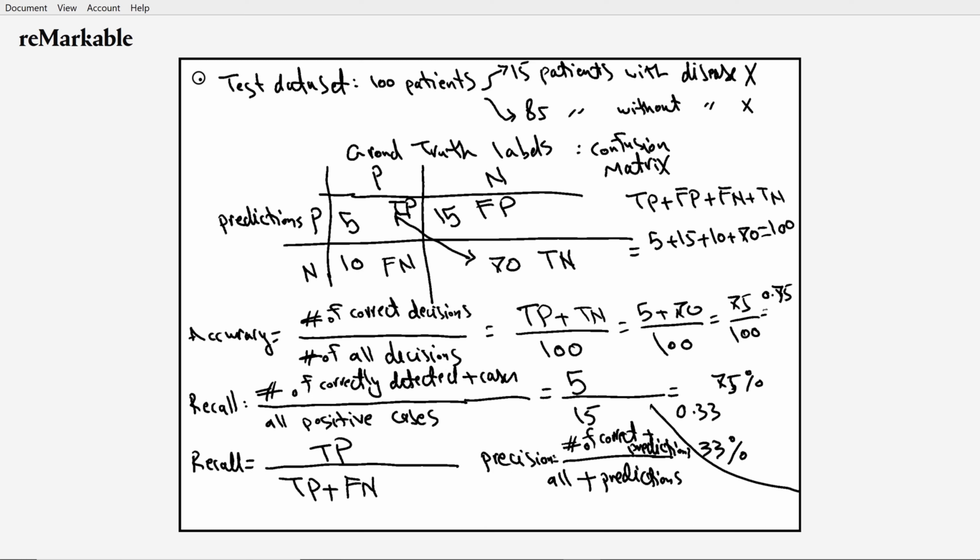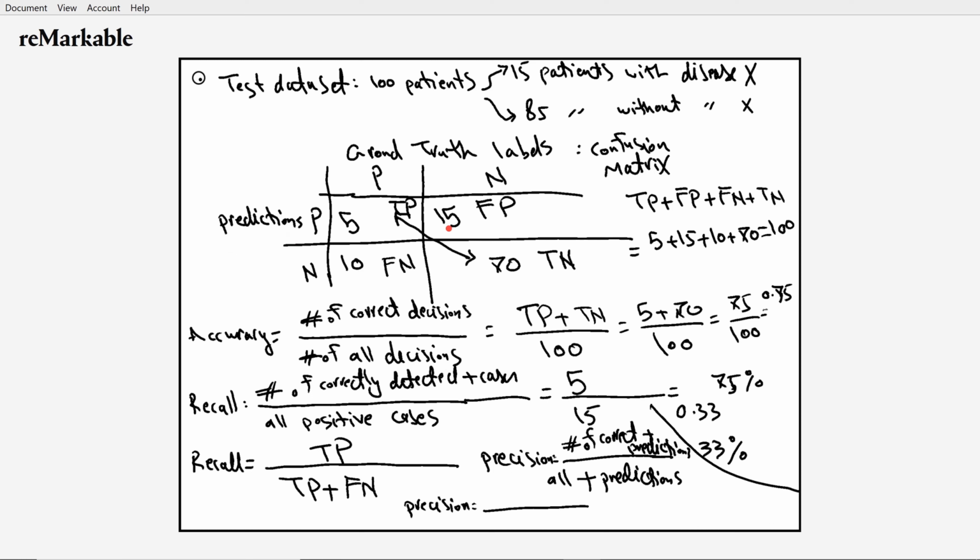And so in numbers, if we go back to our data set, how many positive predictions did our model make? So let's put this in numbers. In our example, the denominator is going to be the total number of positive predictions. So if you look at our confusion matrix, if you look at the row with positive predictions, there are two numbers, 5 and 15.